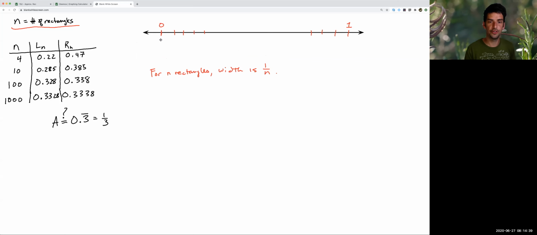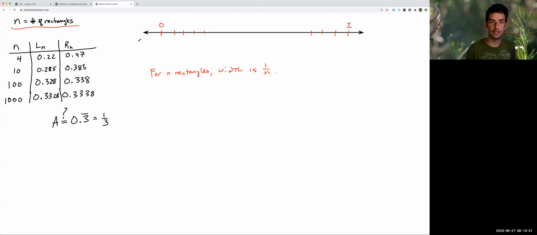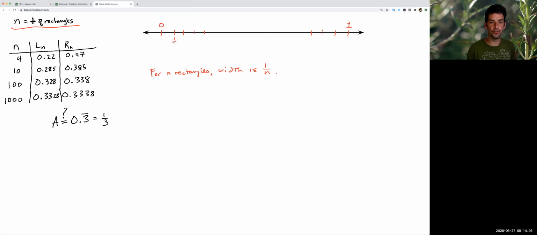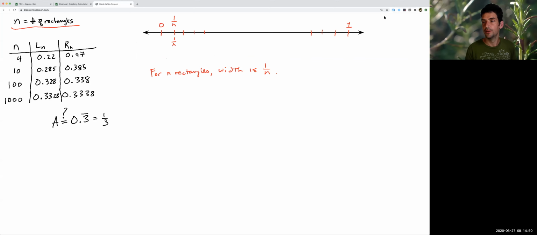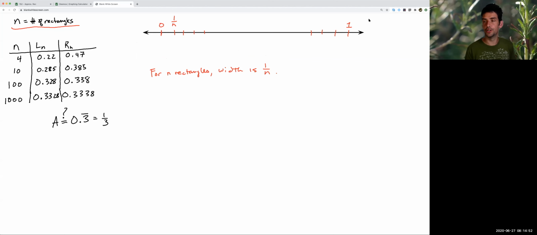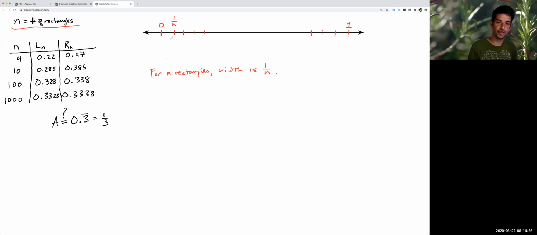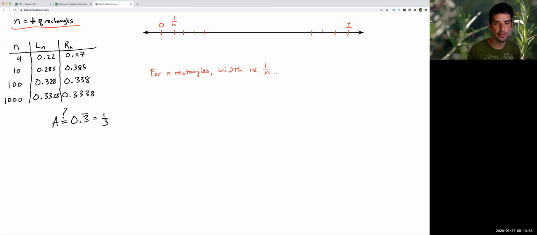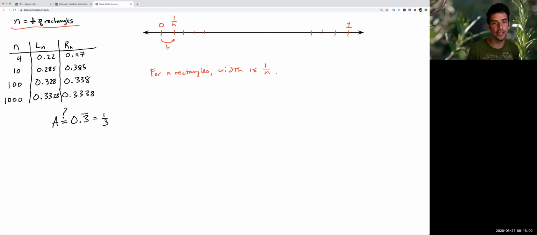Our first, we start at 0. This next value is going to be 1/n. Actually, let's write them on top. Right? Because I'm moving over by a width of 1/n. I started at 0, I moved over by this width. I moved 1/n over.